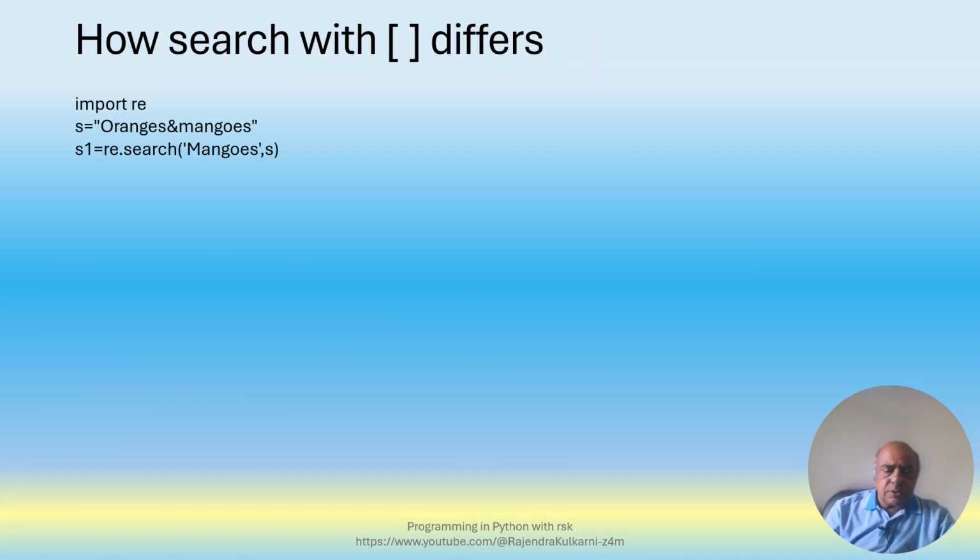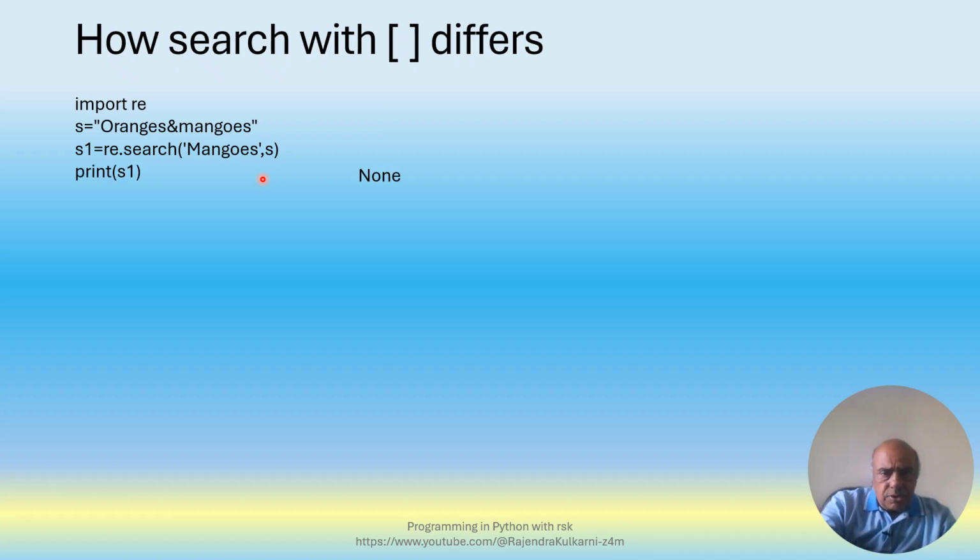How does search with square brackets differ? Let us find out through an example program. There is a string s containing oranges and mangoes as its contents. Then we use re.search with Mangoes with M capital.